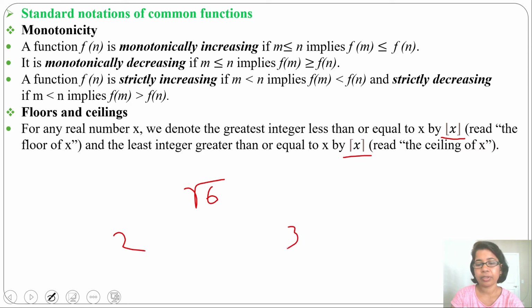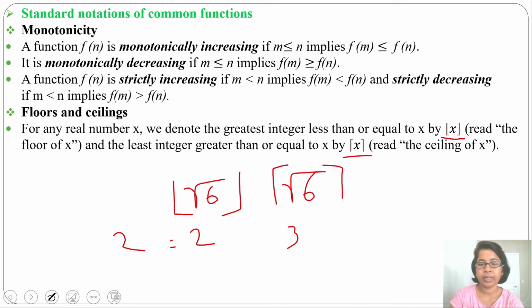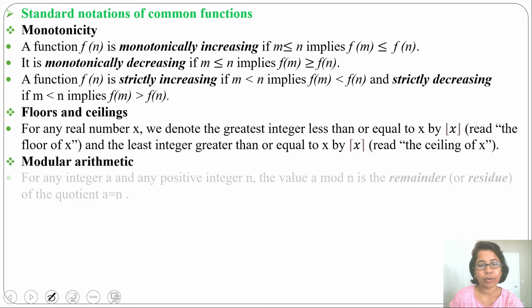So root of 6 will be 2 point something. If we find the floor of this, it will be 2. If we find the ceiling of root of 6, it will be 3. So floor is the greatest integer less than or equal to x, while ceiling is the least integer greater than or equal to x.